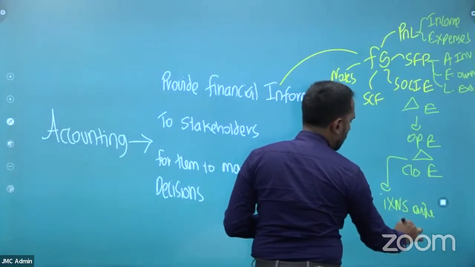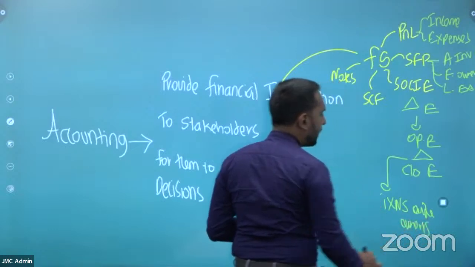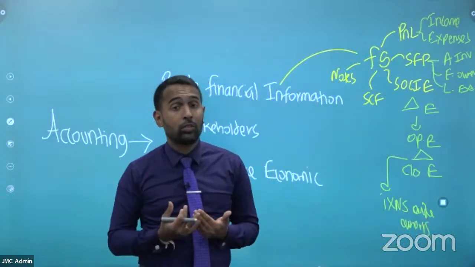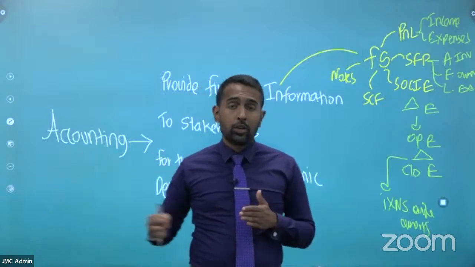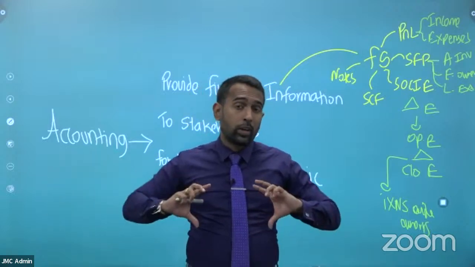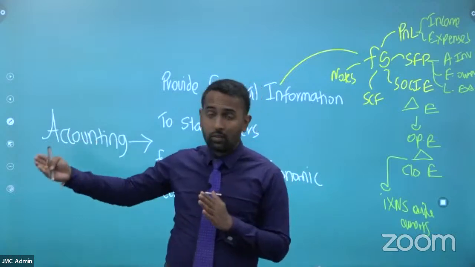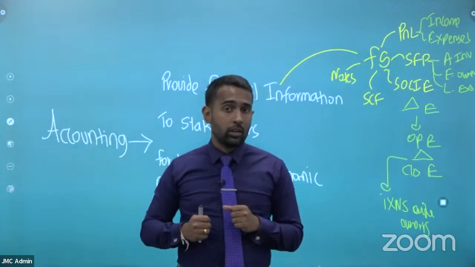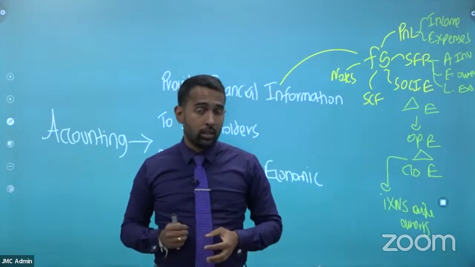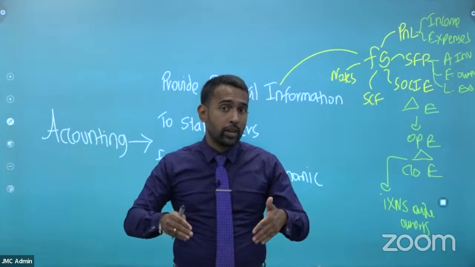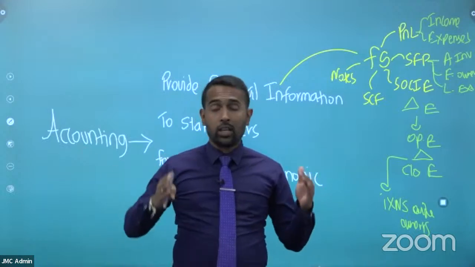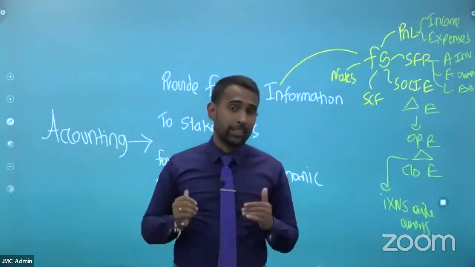So you are providing the transactions with the owners during the past financial year: whether there was a capital infusion, whether the owners have drawn money, whether we have made any distribution to them, and how much profit we have generated. You are presenting what has happened during the year with the owners.